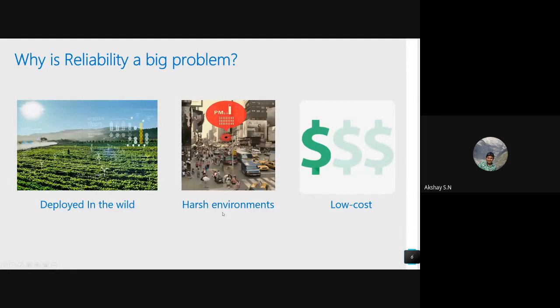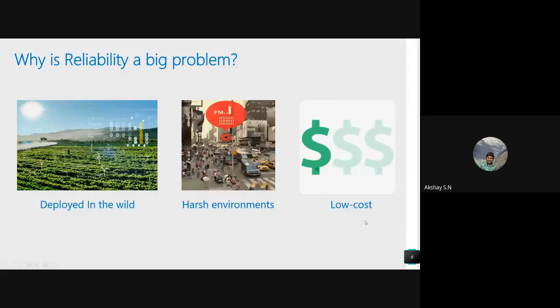The other reason is these are deployed in harsh environments. For example, if you are measuring pollution in an industrial setting, you are now deploying this in high temperatures, so there are chances because of which the sensors can go bad. And also, most of these sensors are made of low-cost components. Today, IoT can achieve 20 billion or 30 billion devices only if the cost is low.